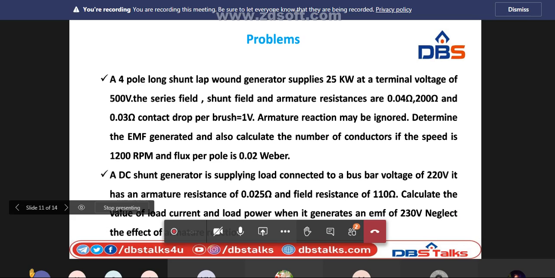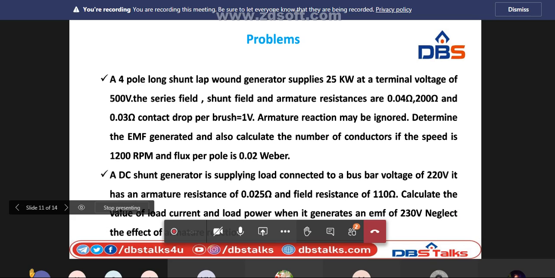So note down the given data. Number of poles P is equal to 4 and load power, that is PL is equal to 25 kilowatt, that is equal to 25 into 10 cube watt.